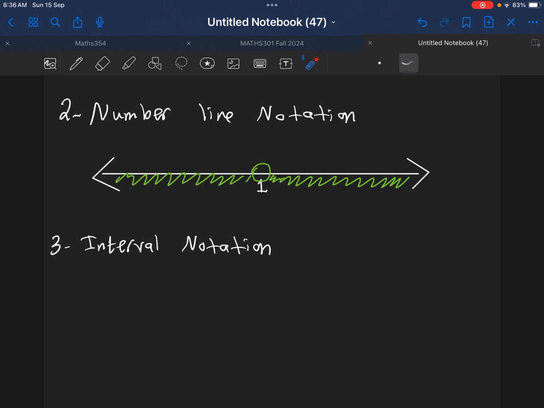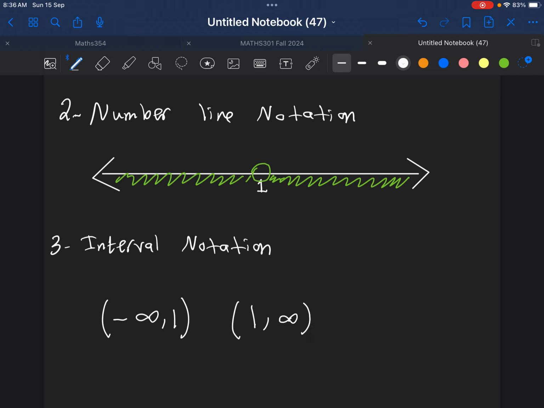Finally, we need to write it as an interval. So look at this piece here. I start from negative infinity to 1. Of course, 1 is open because it's not included. And then I continue from 1 to infinity for this piece. So my answer is 2 pieces.